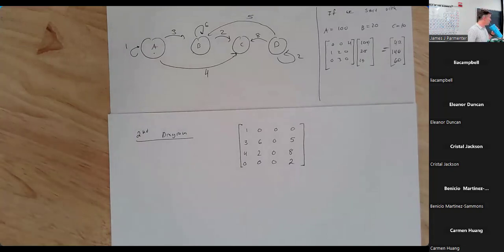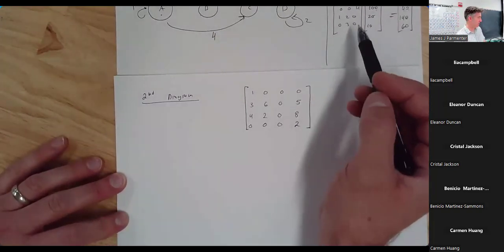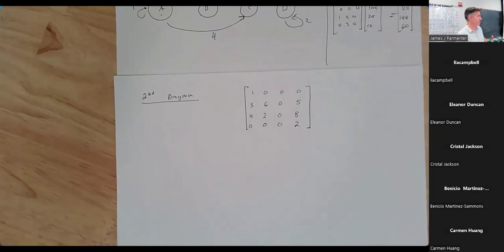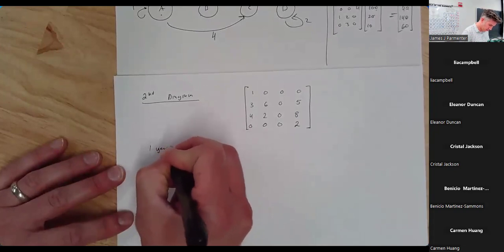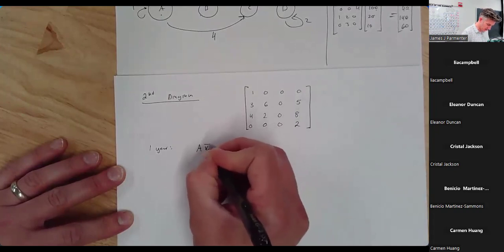For example, if this Leslie matrix is representing how many we have next year, then if I want to say how many you have in 5 years, you're going to have to do this 5 times. After 1 year would be A times whatever your, let's call it X naught vector is.